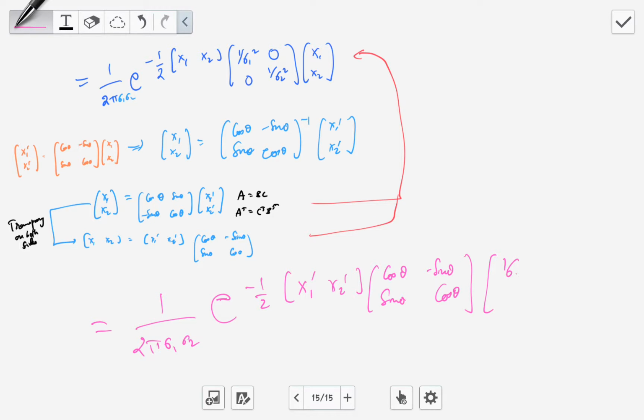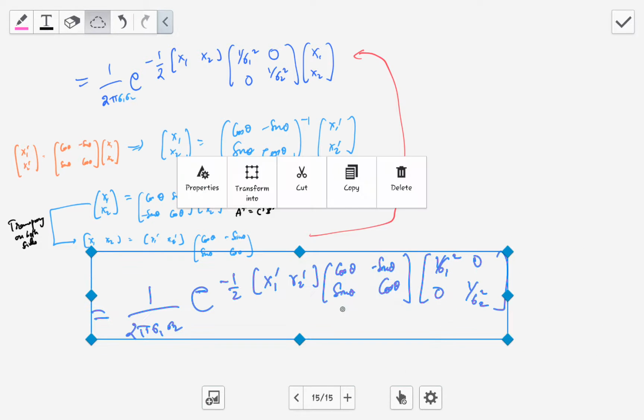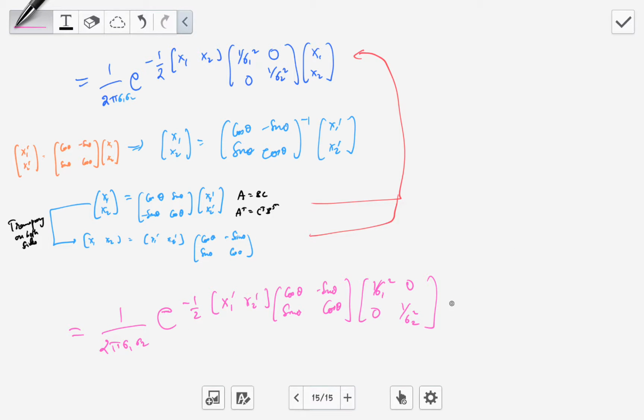This will be the matrix 1 by sigma 1 squared, 1 by sigma 2 squared, 0, 0, and then this is cos theta, sin theta, minus sin theta, cos theta times x1 dash x2 dash.